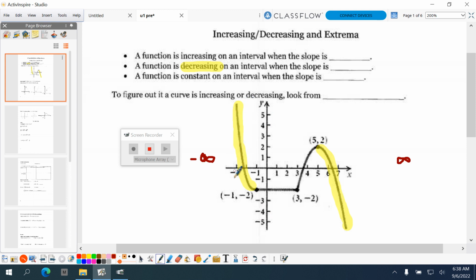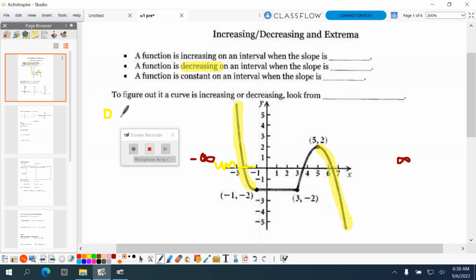So here, where is this going downhill? It looks like from negative infinity all the way over, where does it stop? It stops going downhill right here at -1. So when I write that interval for going downhill or decreasing, we'll use a little d.